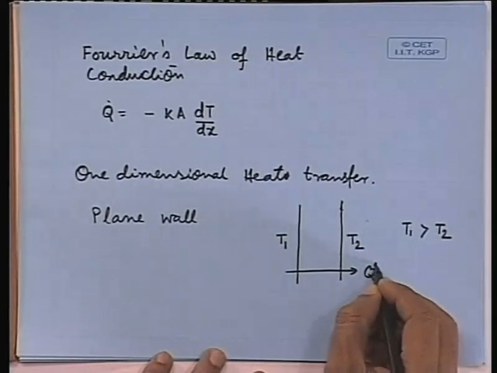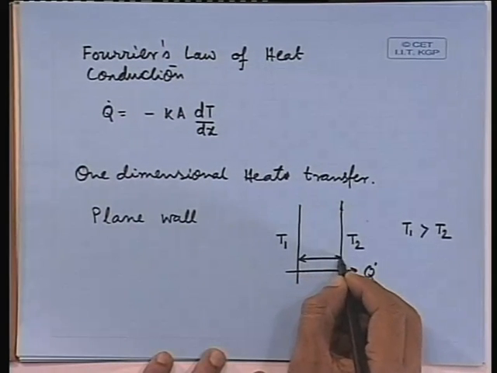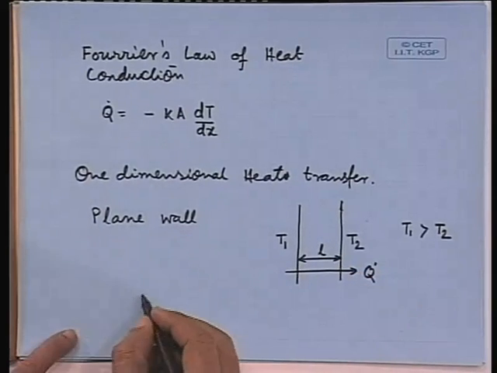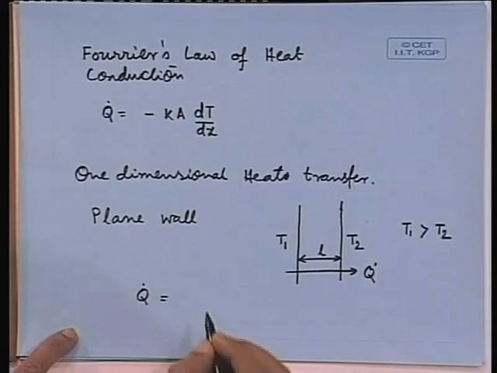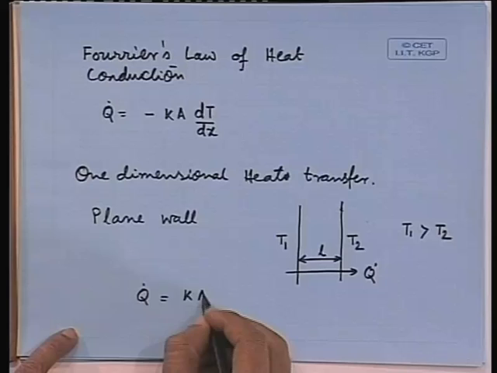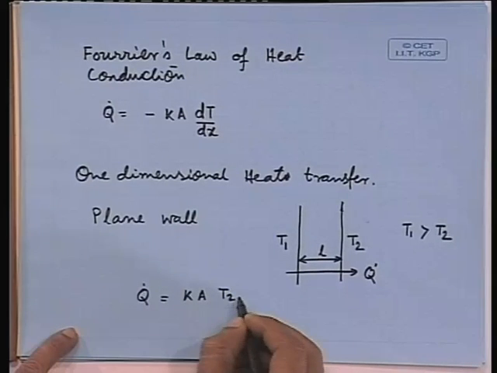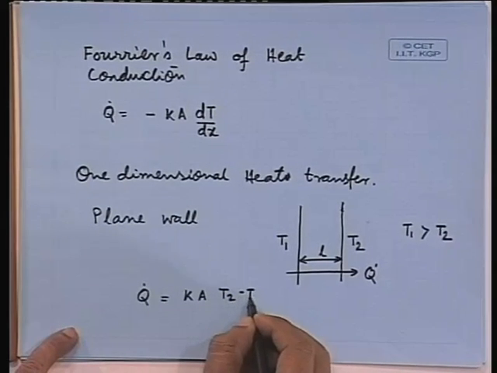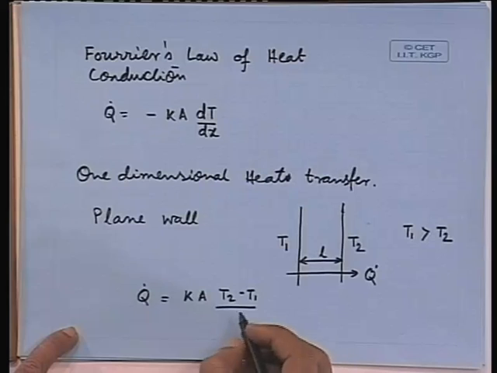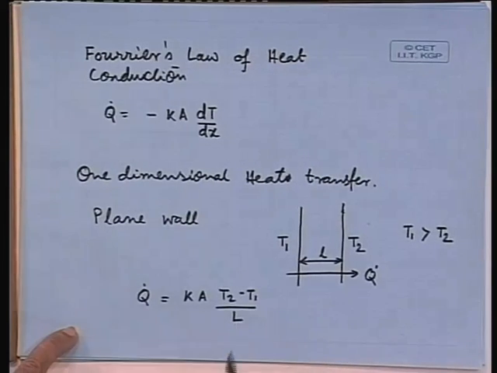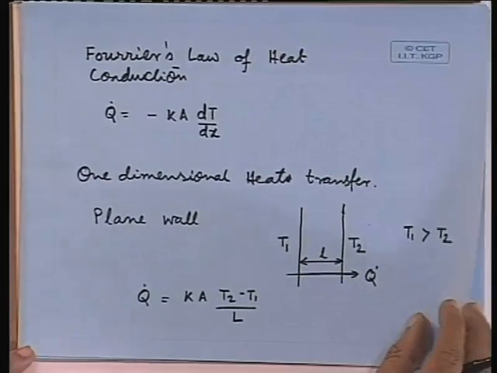So, this is Q dot and this is L. So, Q dot is equal to K A (T2 minus T1) divided by L. So, it is like this.